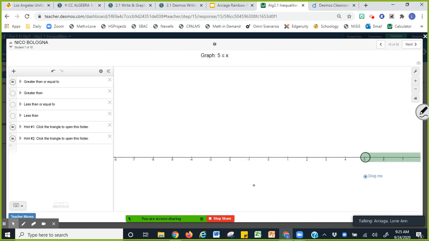Okay, so let's say I have 5 is less than x, and I switch them around and put the x on the left hand side and 5 on the right. I'm writing something on the screen. I'm not sure if you see it. There you go. So remember, the inequality is pointing to the 5. So that means when I reverse the order, I also have to switch the inequality sign. So that means you're not going to the left of 5, even though the arrow or symbol is pointing there.